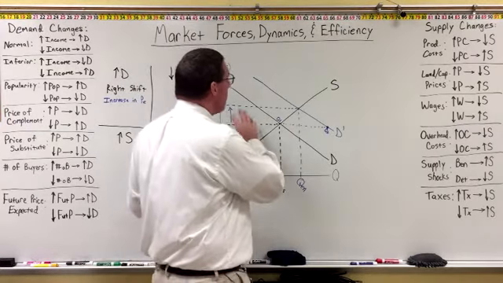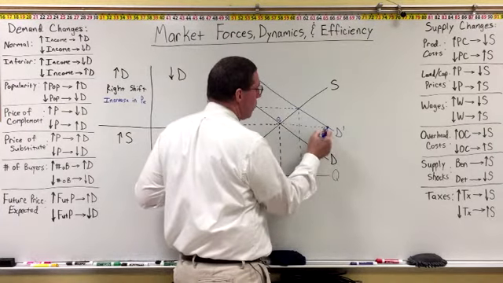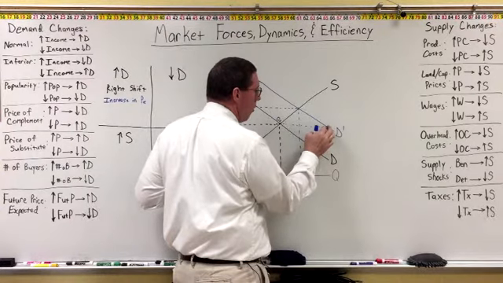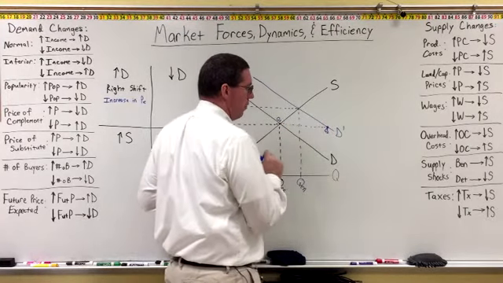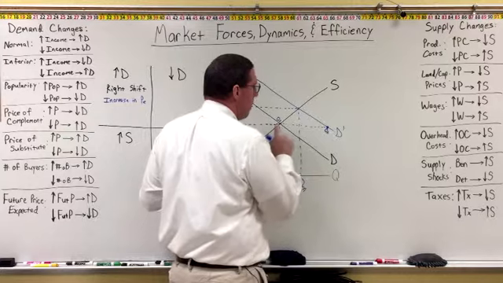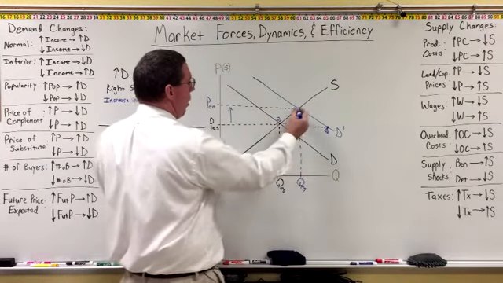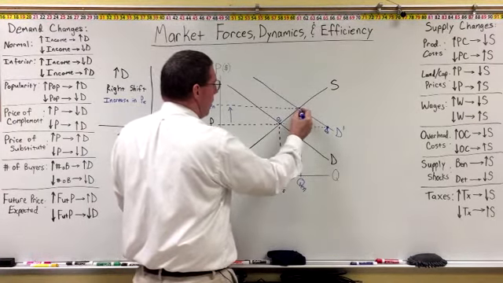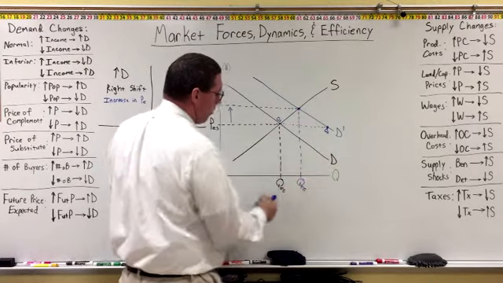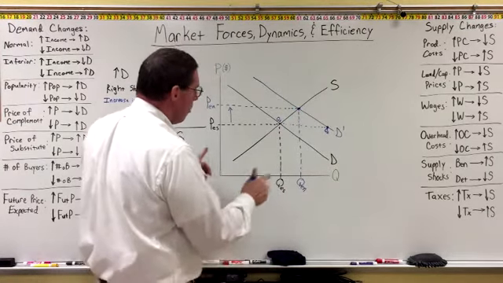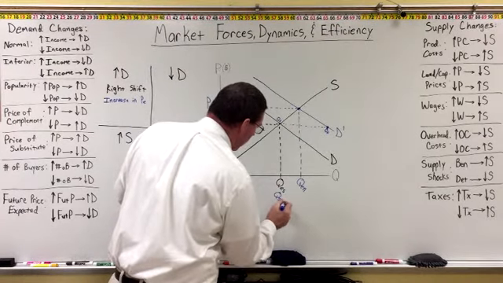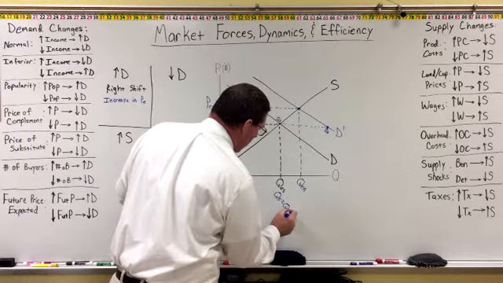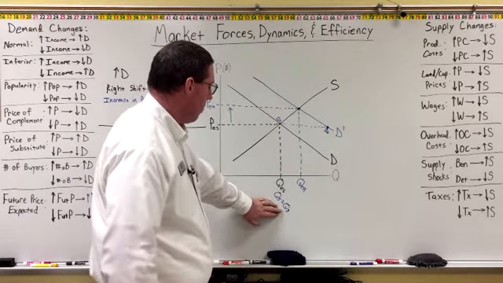Now, when the price goes up, several of the demanders are going to say, okay, now that the price is higher, we can't afford it as much. So they're going to back off of the quantity demanded a little bit, right? But now that equilibrium price has gone up, we now have a new equilibrium quantity. Remember, quantity supplied and quantity demanded were down here.